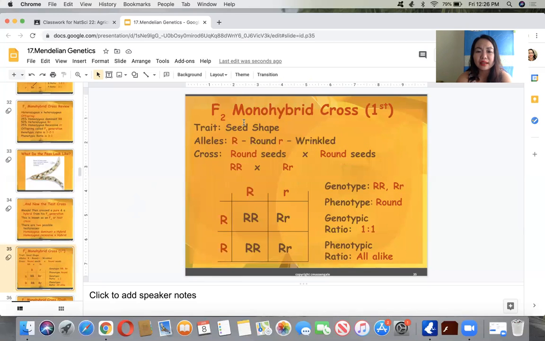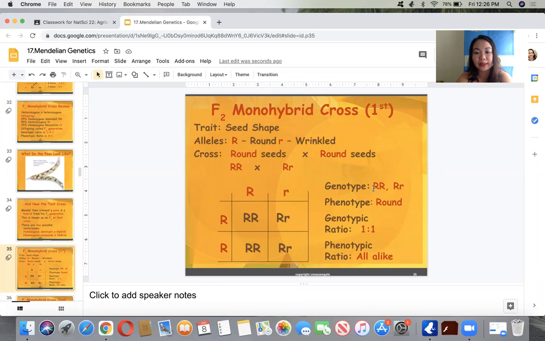So in the F2 monohybrid cross with seed shape again, we have a cross between a round seed and another round seed, but a heterozygous round seed. When you pair them, you will have two homozygous round seeds and one heterozygous round seed.